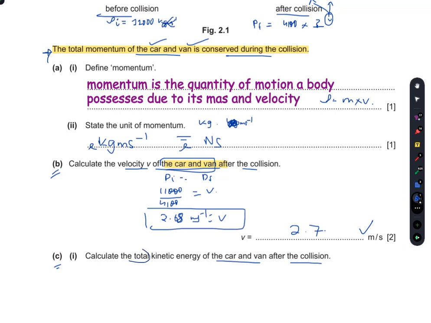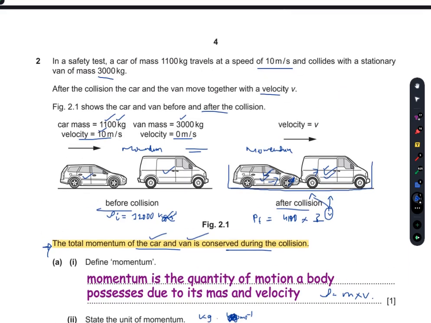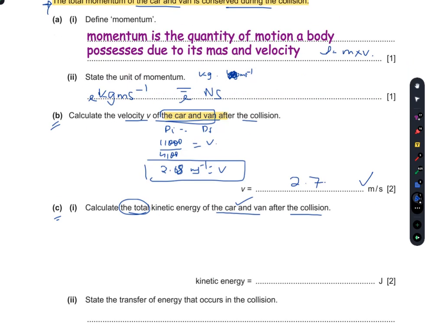So now C, calculate the total kinetic energy of the car and the van after the collision. So the total kinetic energy of this whole system would be half mv squared. The mass of both the objects is 4100, and the velocity is 2.68 squared.